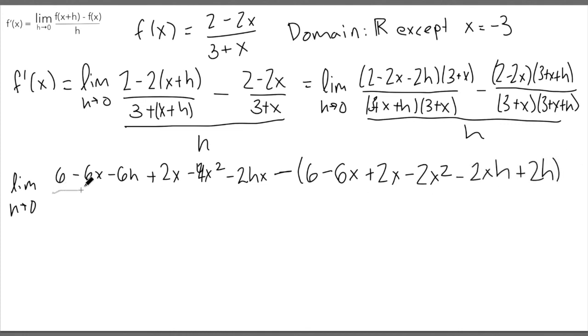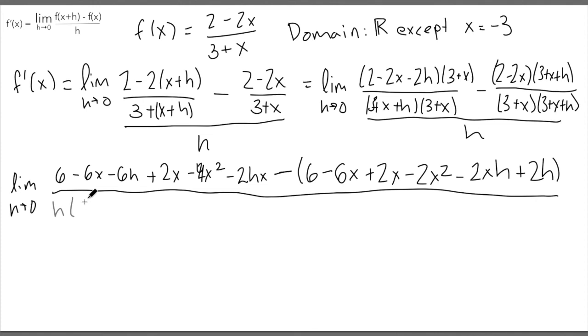And this is all over h times 3 plus x plus h times 3 plus x. That was our least common denominator from before.